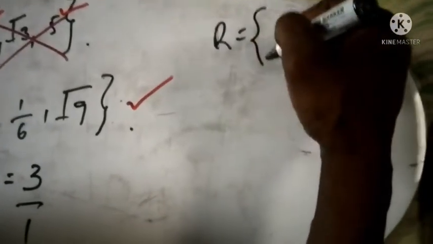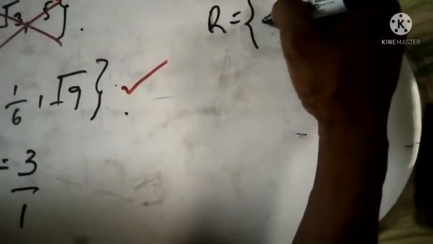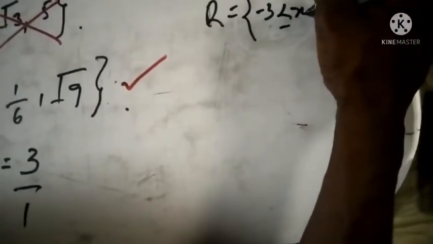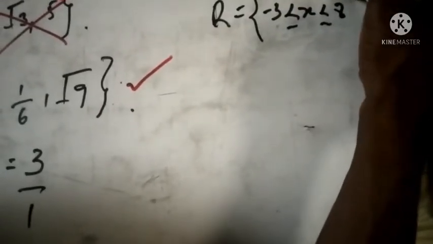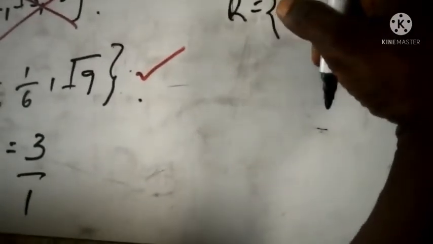So the last set, I'm having a set of r, equal to the set of x such that minus 3 is less than or equal to x, less than or equal to 8, right? Okay, so this is a set of r.